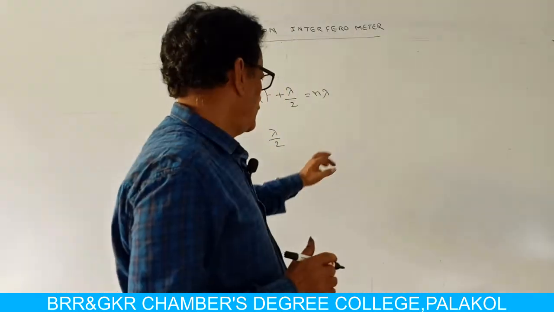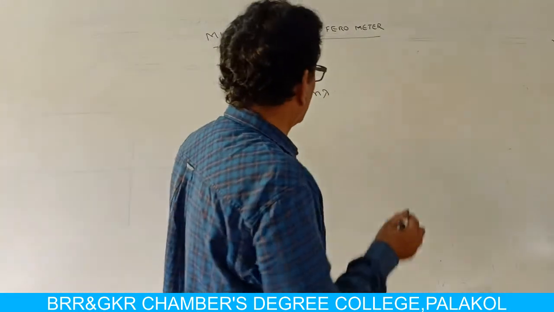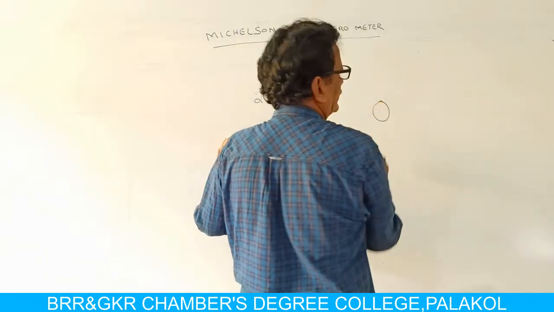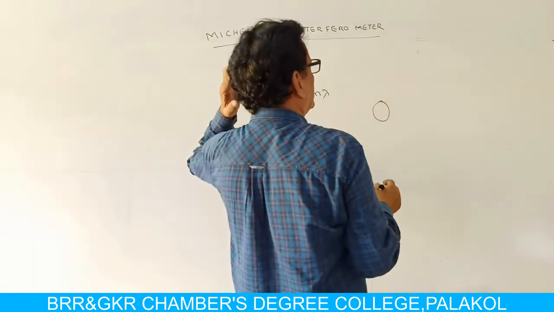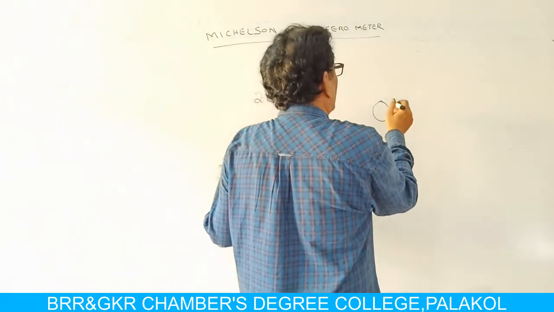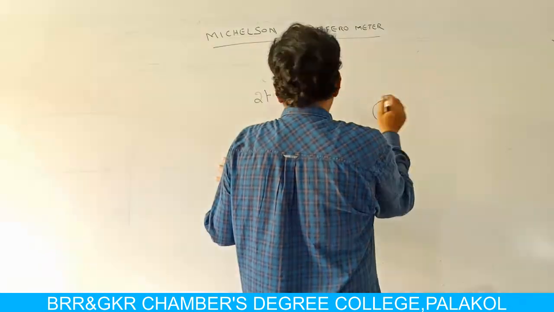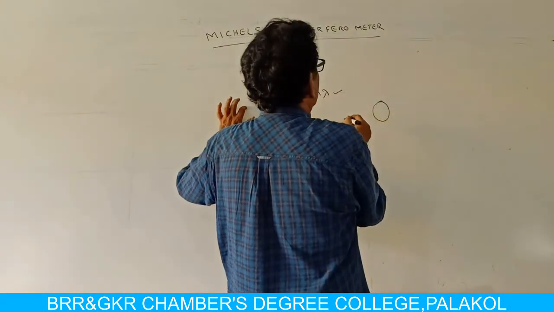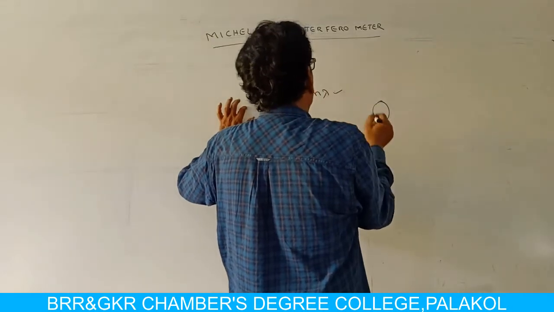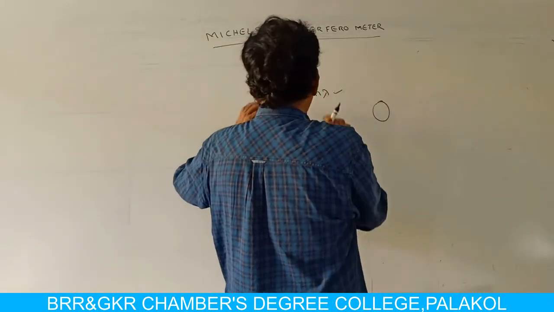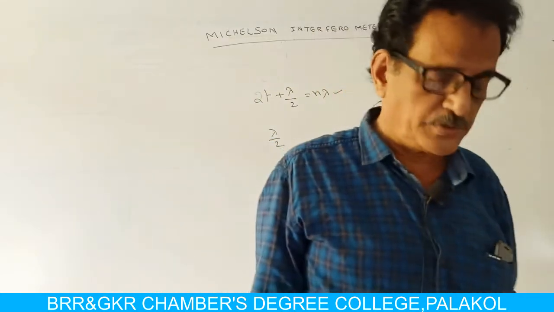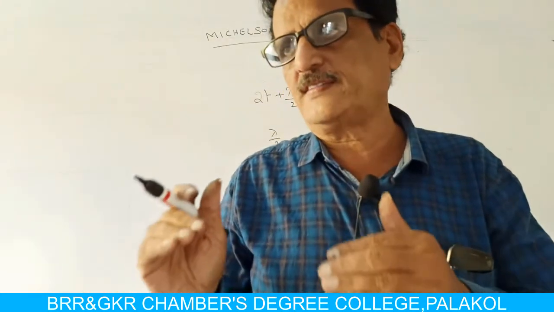So, in the circular fringes, we will get a fringe which satisfies the condition for the first bright fringe. There we will get the second bright fringe after shifting the mirror M1 through a distance lambda by 2. So, this is what is called fringe shift.